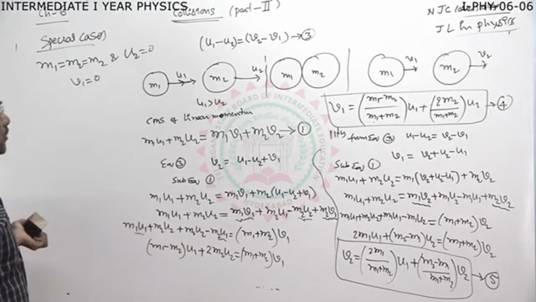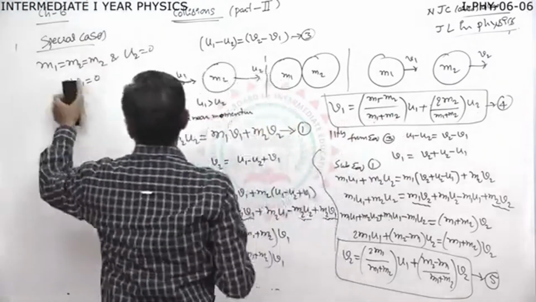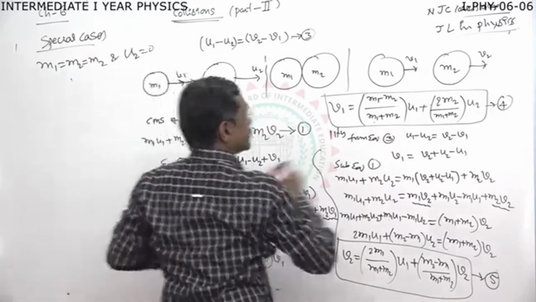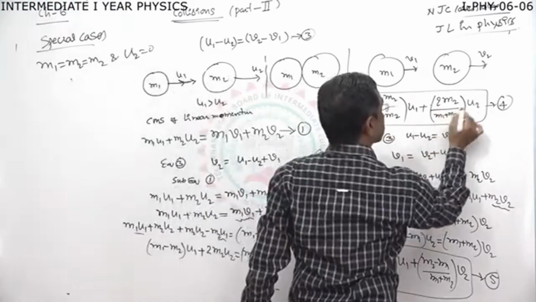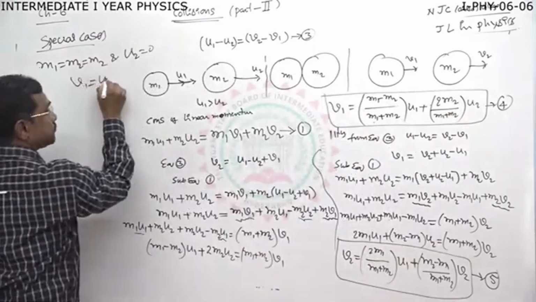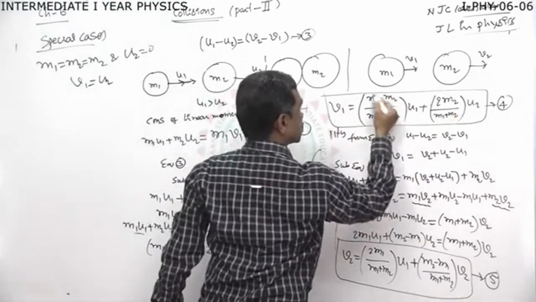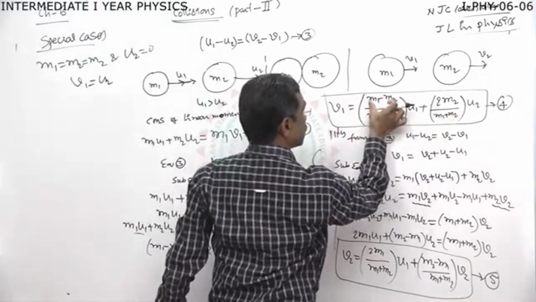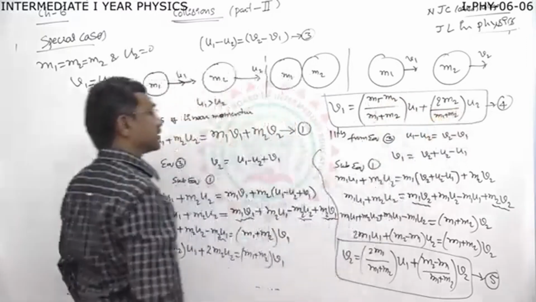M1 is equal to M2 means obviously the first term will be 0. In the second part, M1 will be equal to M2, so 2M2 gets cancelled, so that V1 will be equal to U2. The first term will become 0 because M1 is equal to M2. So the velocities get exchanged.